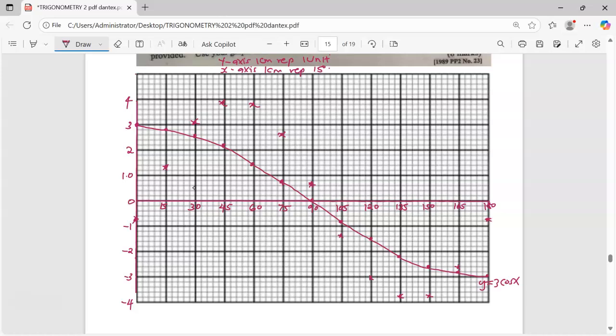Once we have done that, we can join all these points that we have plotted. We join all these points this way.